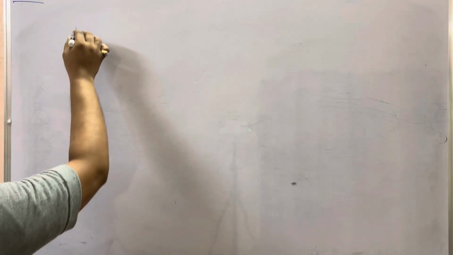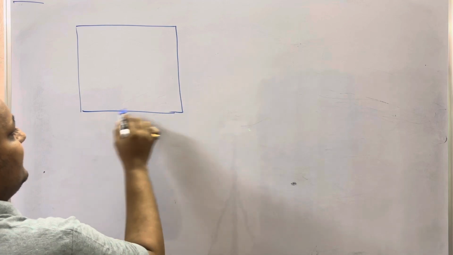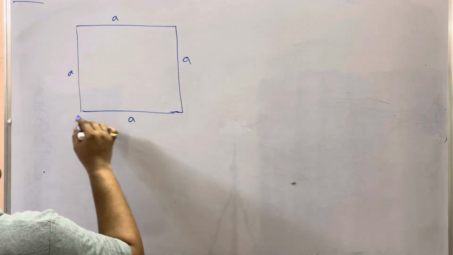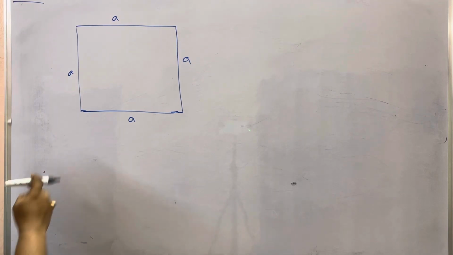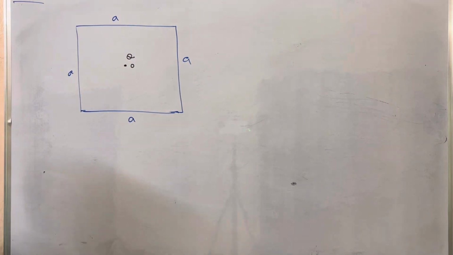Next, they will ask like this. This is a square of each side small a. Here they have given a charge at the center of the square.